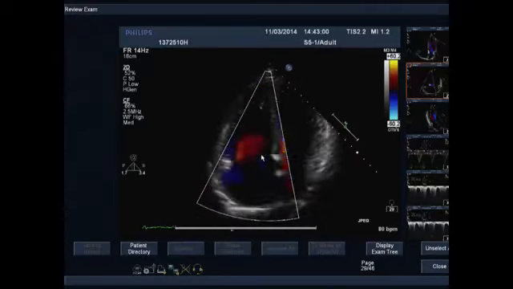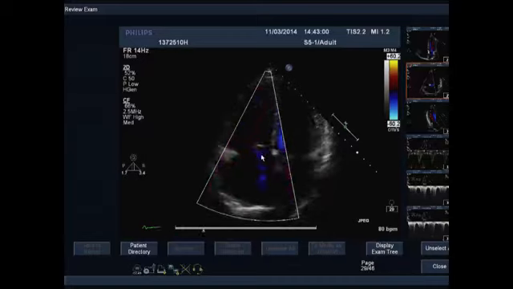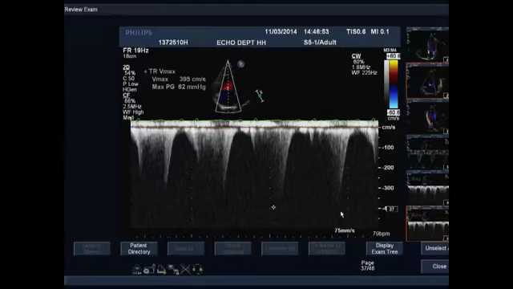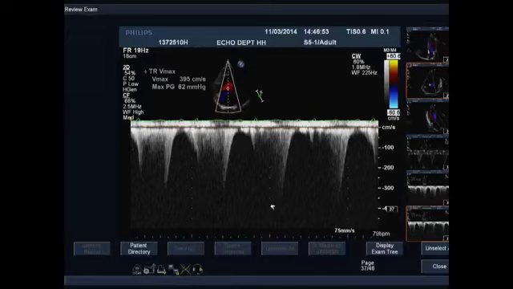Note that it is very important: the severity of tricuspid regurgitation is prognostic for patients with pulmonary hypertension, while the velocity of the tricuspid regurgitation is not prognostic. In order to assess the right ventricular systolic pressure, we get the continuous wave Doppler across the tricuspid regurgitation.